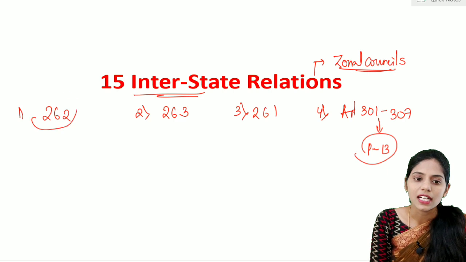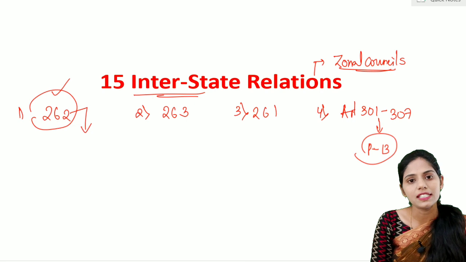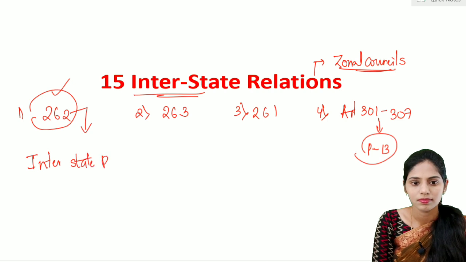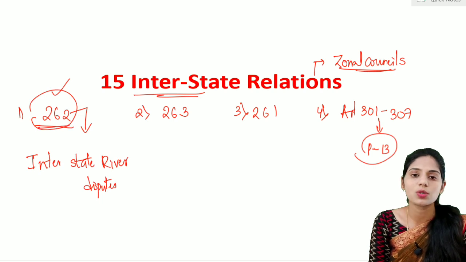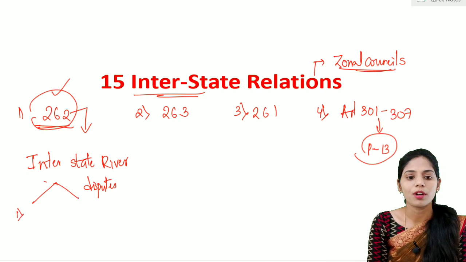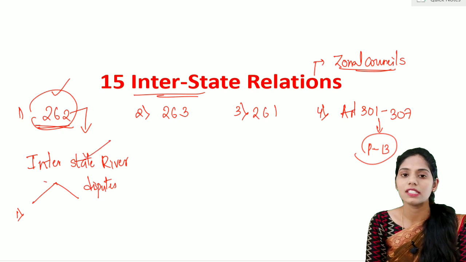If you see, Article 262 of the Indian Constitution mainly deals with interstate river disputes. Under this Article 262, there are mainly two provisions. The first important provision says that Parliament, by law, can resolve these disputes that are happening between two states.